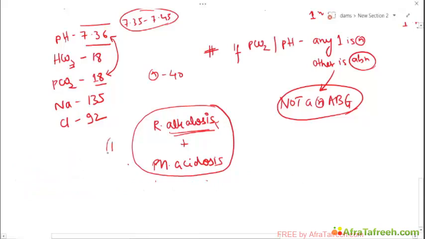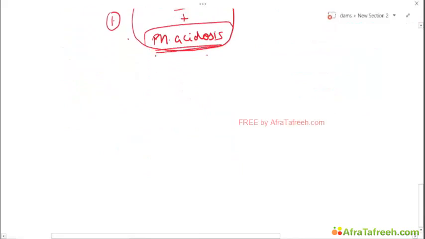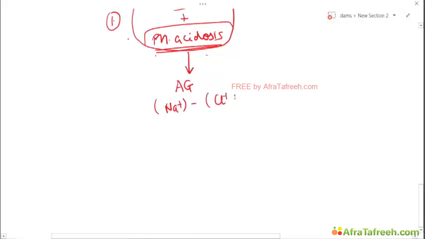So this is the first finding. There is a presence of metabolic acidosis. Whenever we find metabolic acidosis, the next step would be to look for the anion gap, which is sodium minus chloride plus bicarbonate.